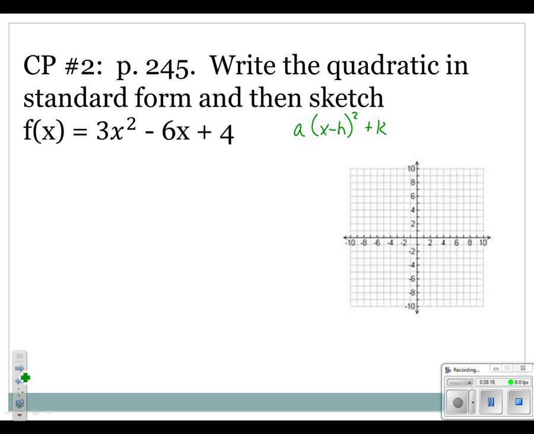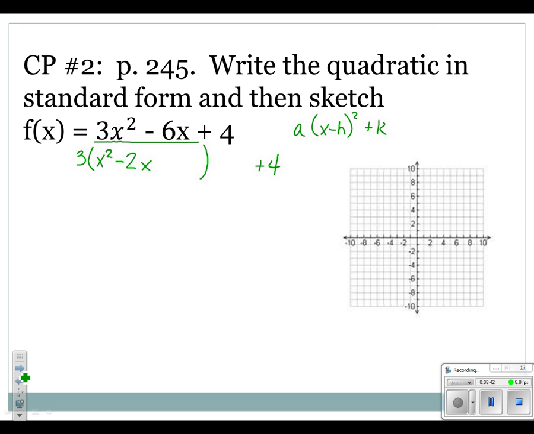We wanted a 1 as the coefficient of our x squared. So the first two things I'm going to do here, I'm going to take this part and separate it from my 4, and I'm going to get that 3 off of there. I'm just going to leave a space here, and then I'm going to shove my plus 4 just to the back a bit.